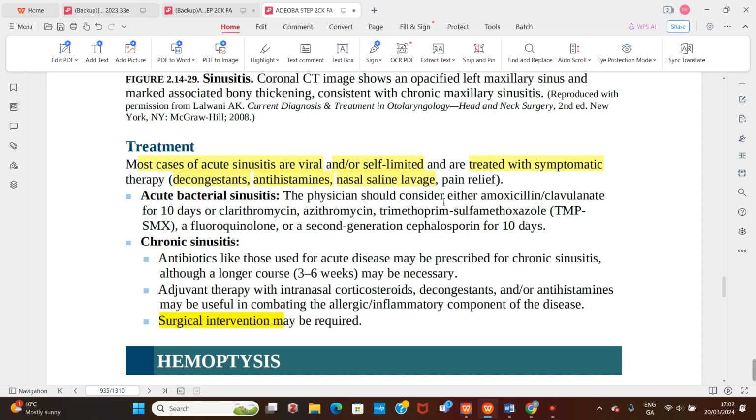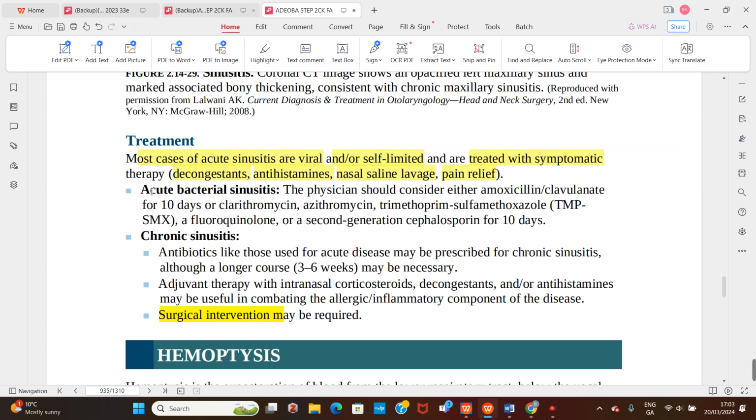Very similar to what we are doing in people with acute pharyngitis, where we do a saline gargle. We are just doing that so that we can limit the inflammation and reduce the pain. So you can also give them antipyretics for pain relief.